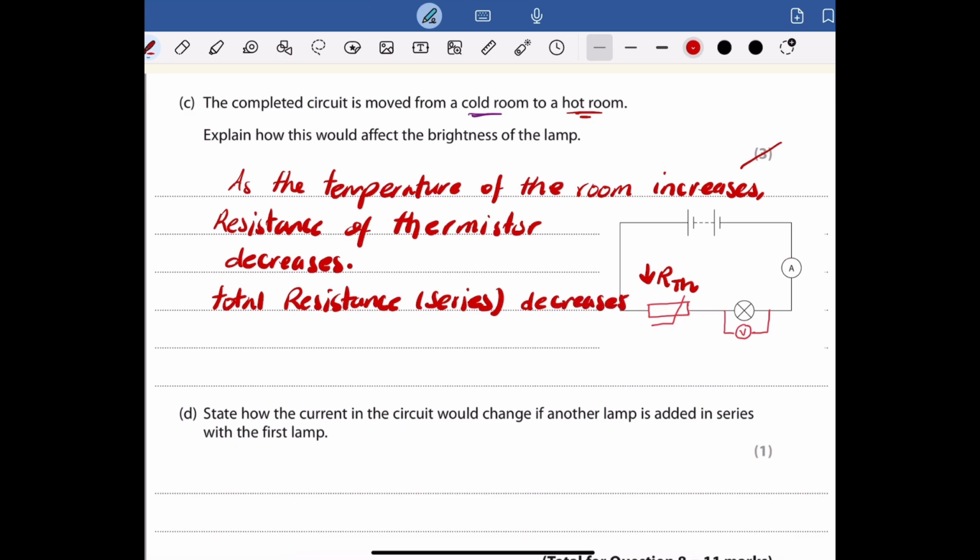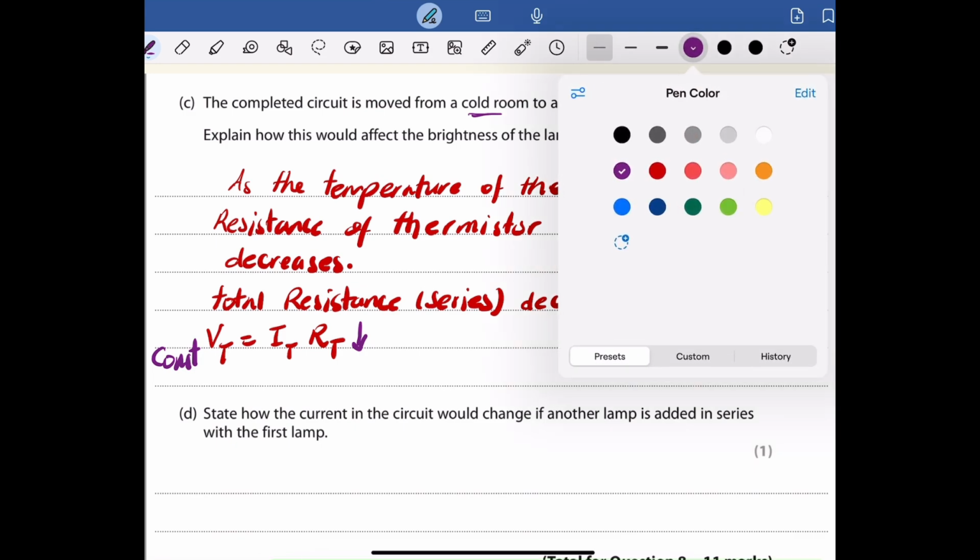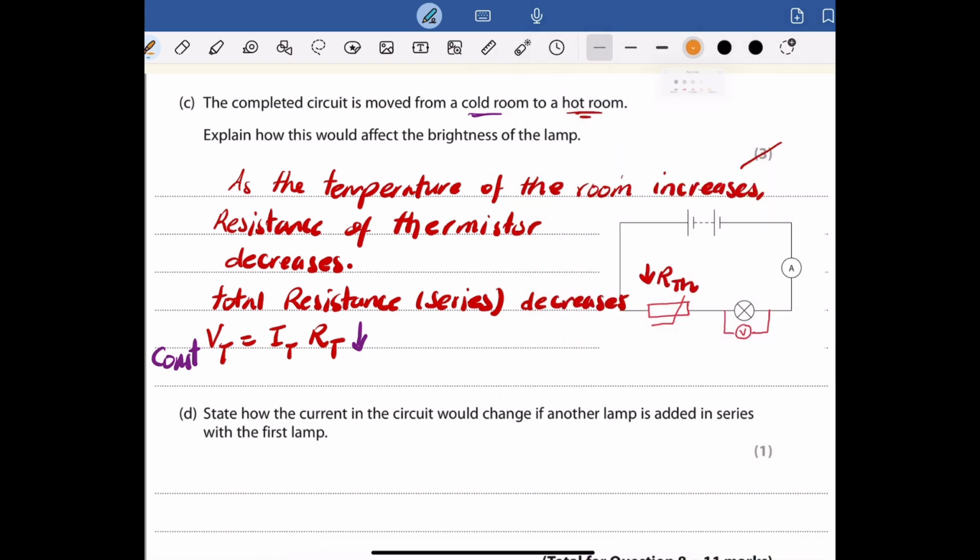And I know the formula here, which is the total voltage equals the total current times the total resistance. Let me use the mathematical formula. So if the R total decreases and the total voltage is constant, so inversely proportional, as a result there is an increase in the total electric current in the electric circuit.